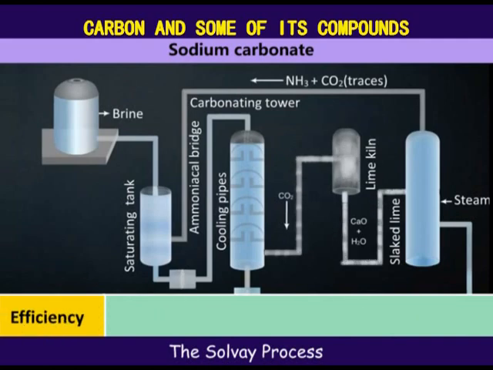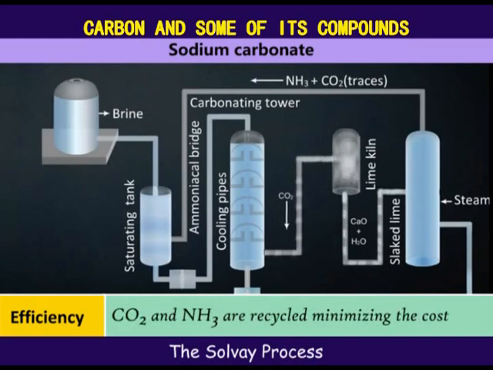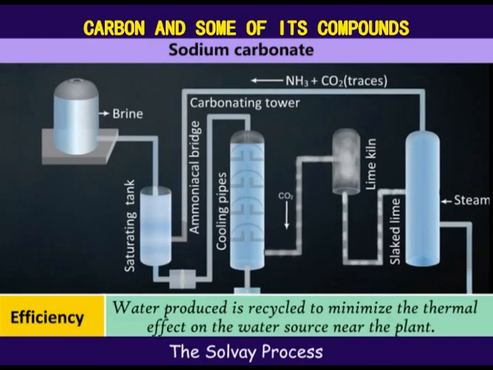The Solvay process is one of the best examples of an efficient industrial process because pollution problems are considerably reduced. Carbon 4 oxide and ammonia gas produced are recycled to minimize the cost. The water produced is also recycled to minimize thermal effects on water source near the plant.